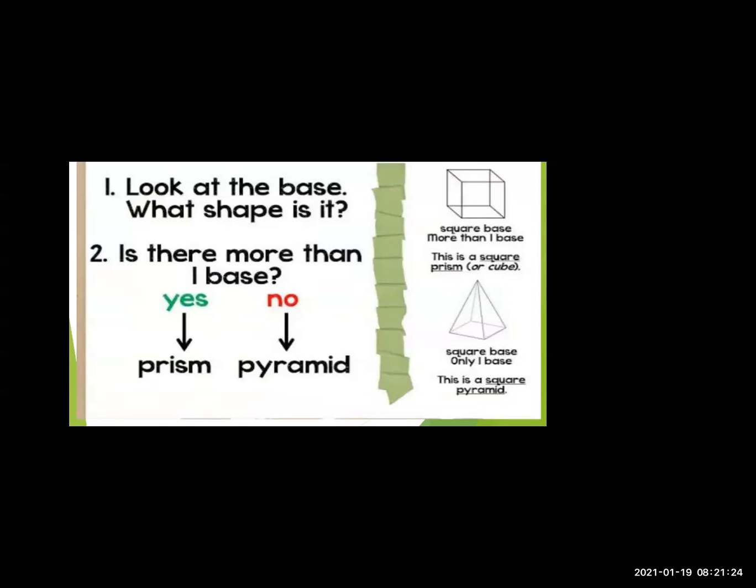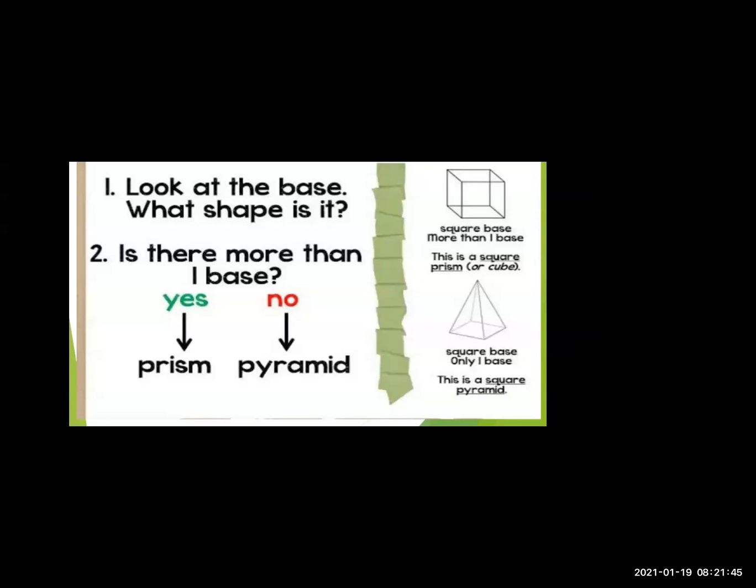If there are more than one base, yes, it's a prism. And if there is only one base, it is called a pyramid. So here in the square we can see it has more than one base. So it is called a square prism or a cube.